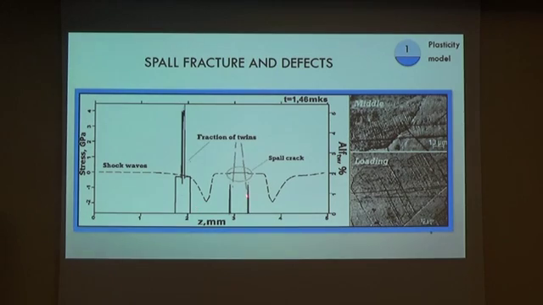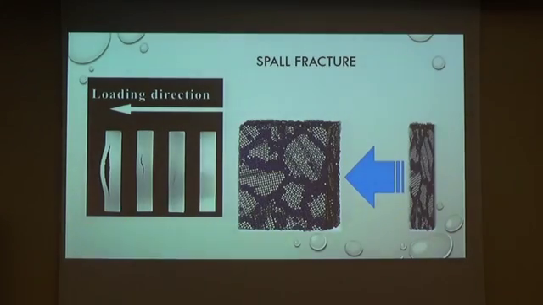And also we can predict a distribution of different defects and compare it with, for example, microstructural investigations. But focus on SPALL fracture when thin metal plates collide with the targets.